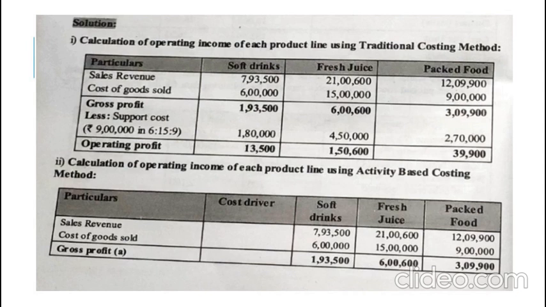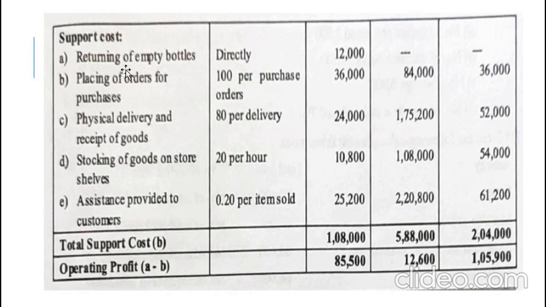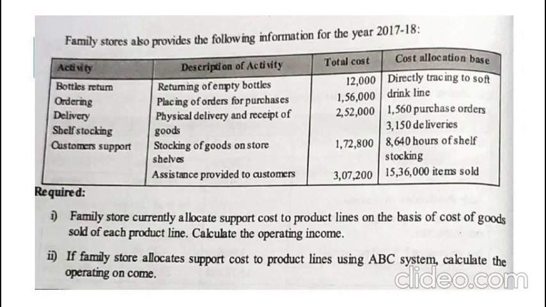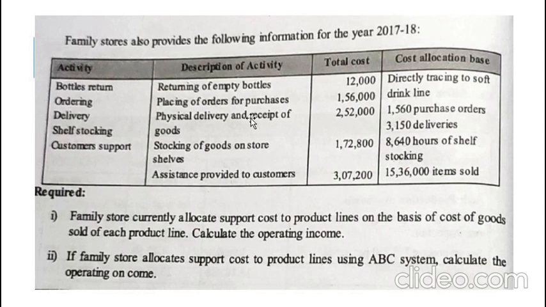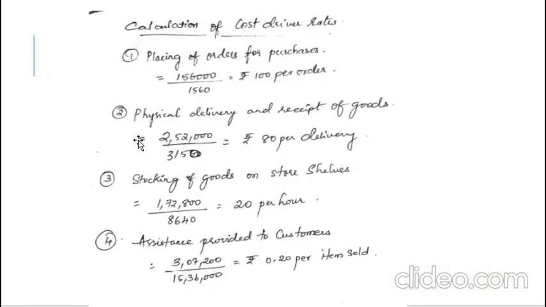Now we will allocate all the support costs based on the cost drivers and activities performed. The first activity is returning of empty bottles, which is 12,000 and is directly accounted to the soft drink line. The next activity is placing of orders for purchases, where the cost per order is rupees 100.